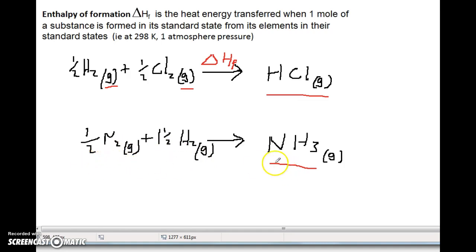So if we wanted to make 1 mole of NH3, we'd need 1 single nitrogen atom, which would come from half a nitrogen molecule, and we'd need 1.5 hydrogen molecules. So the enthalpy change for this process would be delta H formation of NH3. In other words, the enthalpy change when 1 mole of NH3 is formed in its standard state.